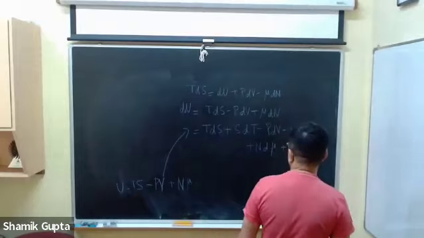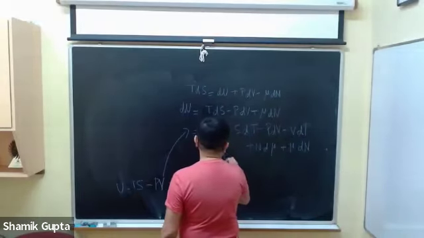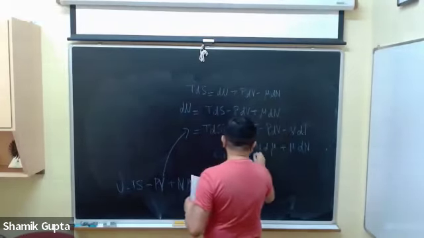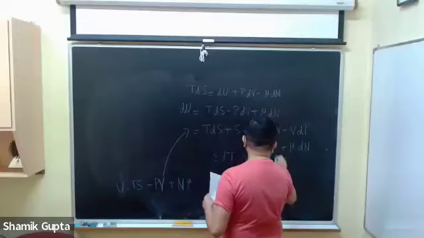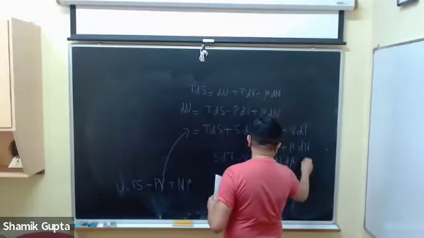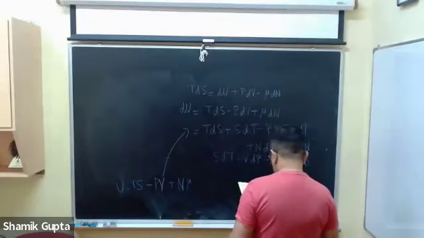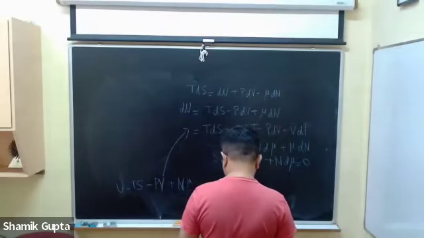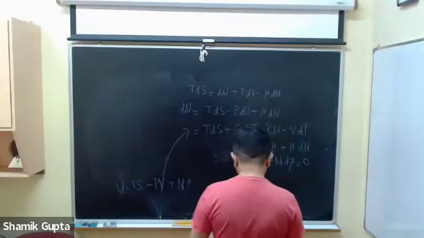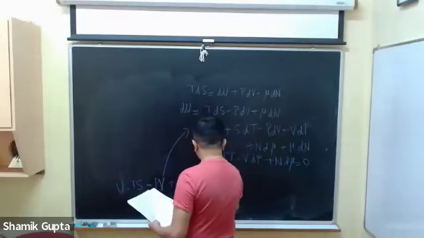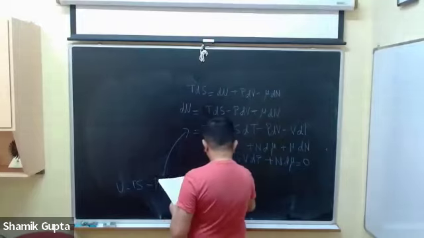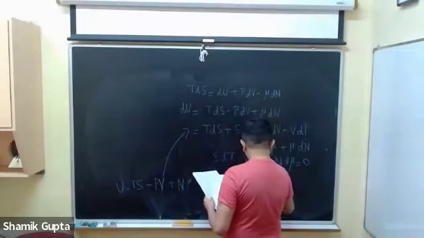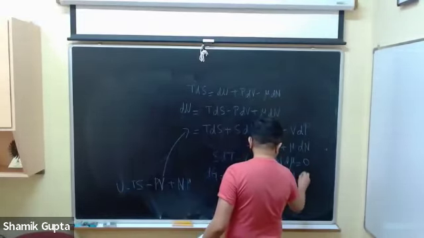So if I just compare two sides, what I get is S dT minus V dP plus N d mu is equal to 0. Recall that just 5 minutes ago we had shown that dG is equal to minus S dT plus V dP plus mu dN.